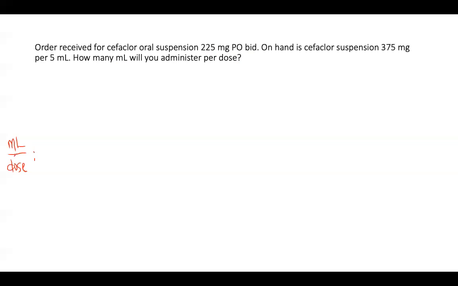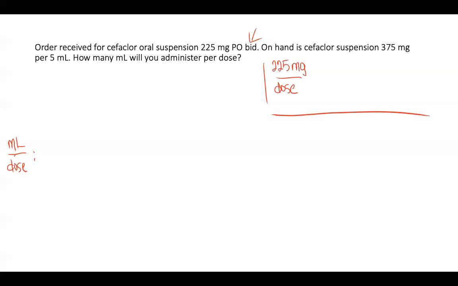Okay, step 2 is to build my box. In my box goes my order, which is 225 milligrams per dose. How do I know it's per dose? Right there, BID. Okay, that goes back to your first couple of slides where you were looking at the dosing schedules.